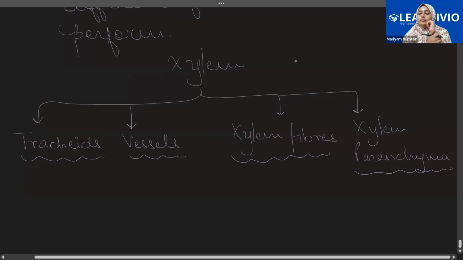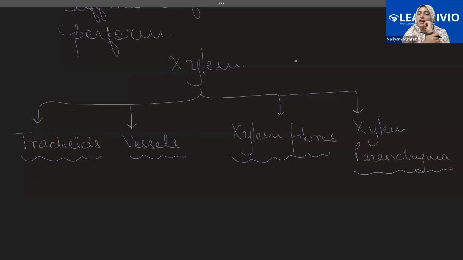Now, if you look at the components on the screen, students, can someone tell me which one out of these 4 components would have the function of storage? Look at the 4 names. Try to recall something.